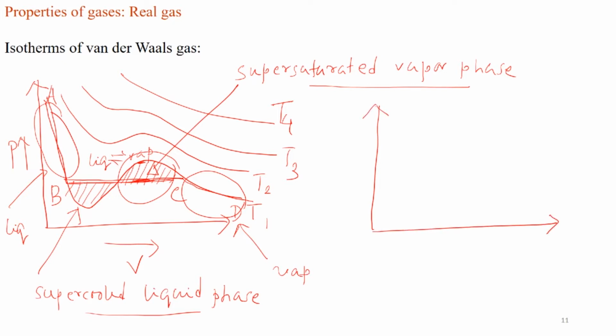Let us redraw the curve at T1. Let us also draw a line which is parallel to the volume axis.